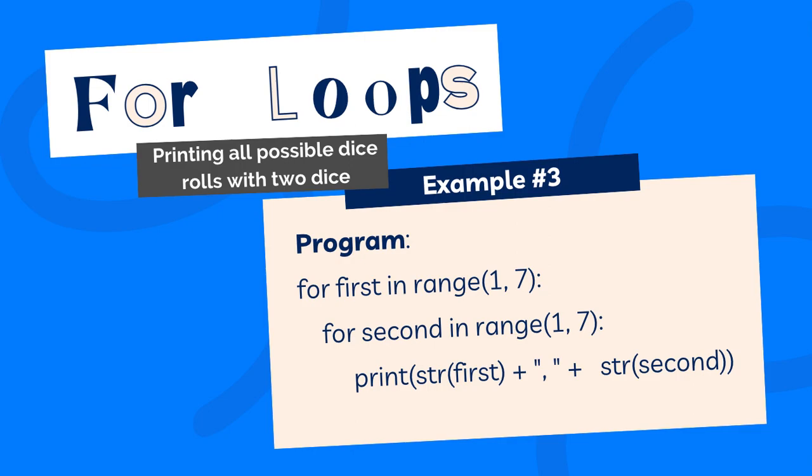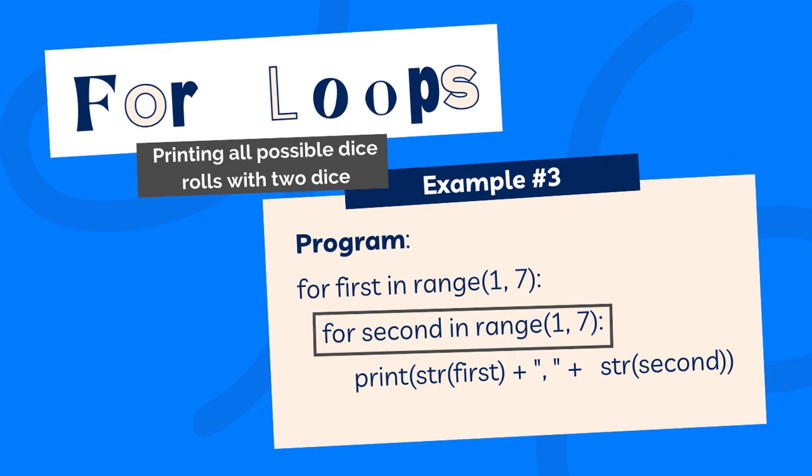Finally, let's look at a more complex example. Here's a for loop that prints all possible dice rolls with 2 dice. This code uses nested for loops, where the first goes through all possible values for the first dice, and the second loop goes through all possible values for the second dice for each combination.